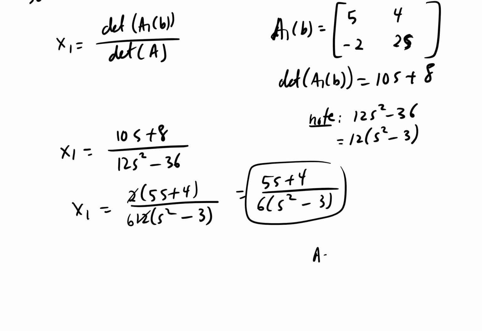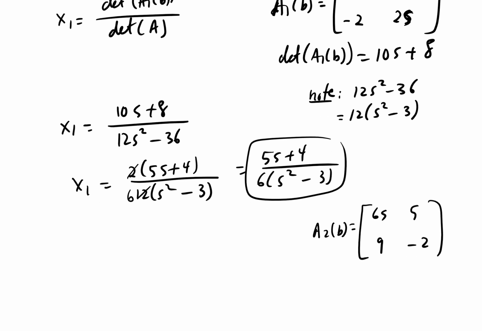We can do the same for x2. So we need to find A2 of b by leaving the first column the same. First column was 6s and 9, and replace the second column with 5, negative 2. So its determinant is negative 12s minus 45.